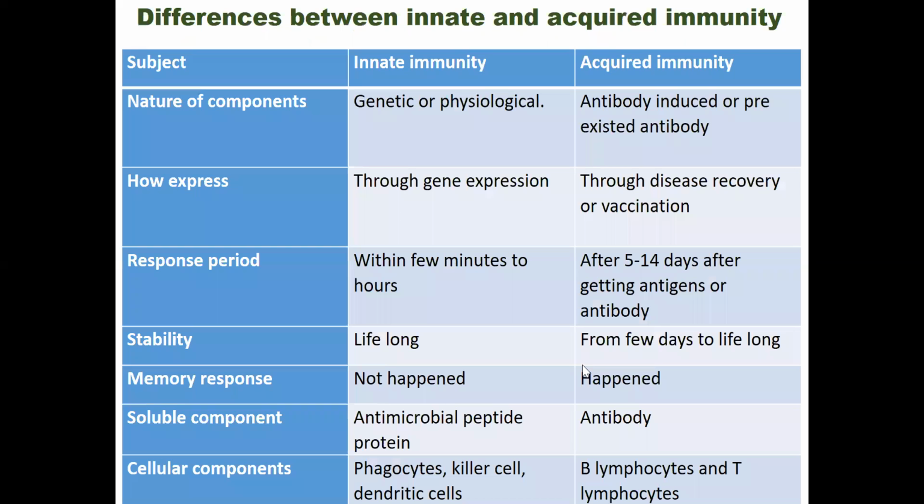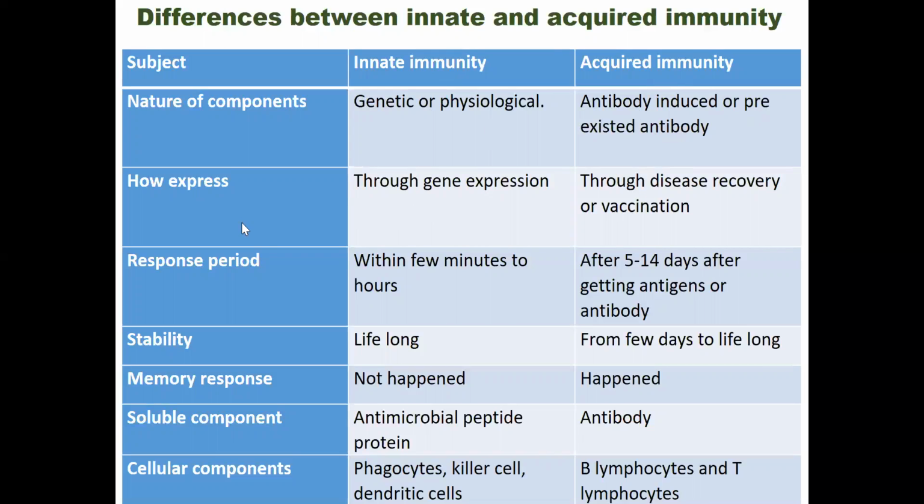So these are the differences between innate and acquired immunity. Innate immunity is genetic or physiological, and acquired immunity is induced or comes from pre-existing antibodies. Innate immunity is expressed through gene expression, and acquired immunity comes through disease recovery or vaccination.